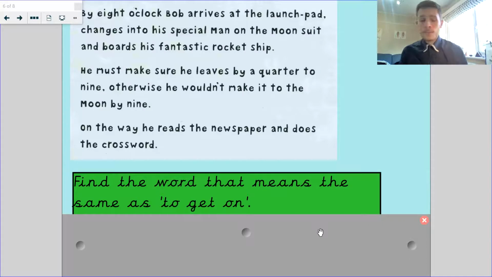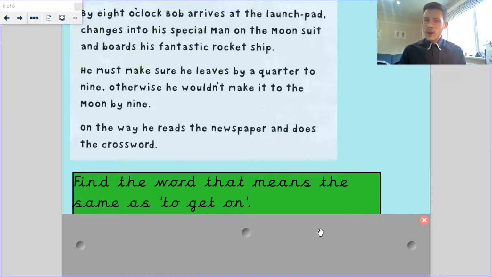So if someone was to get on something, what's the word that means the same as this? So I'll read it again. By 8 o'clock, Bob arrives at the launch pad. He changes into his special man-on-the-moon suit and boards his fantastic rocket ship. Now we're looking for a word that means the same as gets onto something.